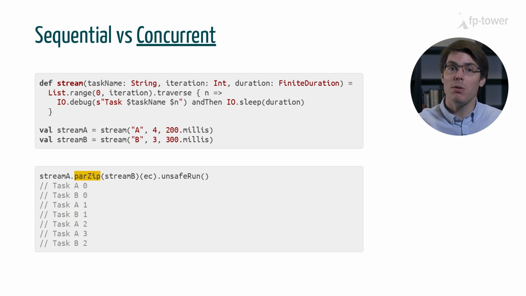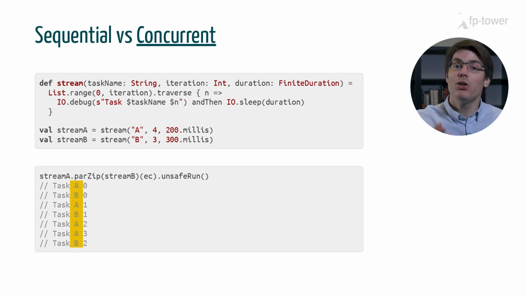Now if we combine stream A and stream B using parZip, we see both messages like task A, B, A, B, A, B, which show that parZip executes the I/Os concurrently. And the order is not deterministic. If we run it a few times, the messages will be interleaved in different ways.